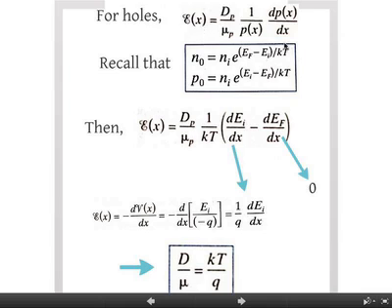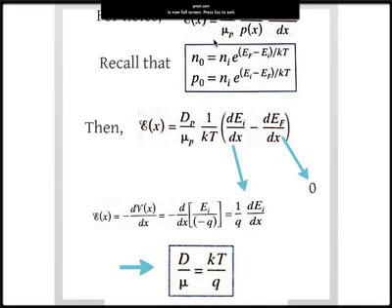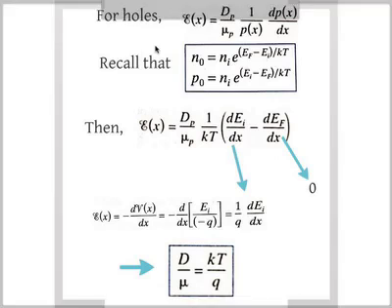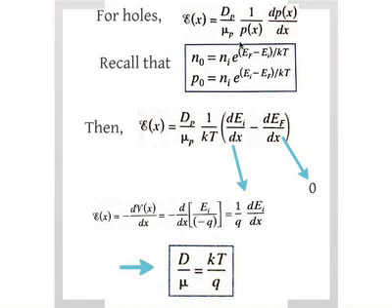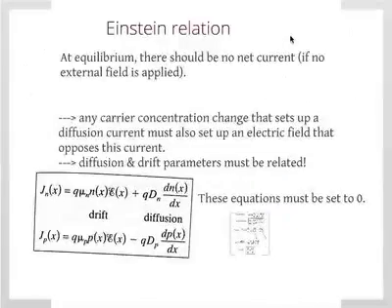Okay? That's that equation. Okay, that's the equation on the top: kT over q times mu p, times 1 over p dp over dx. Again, just to recall, that comes from here, right? Let's erase some more.